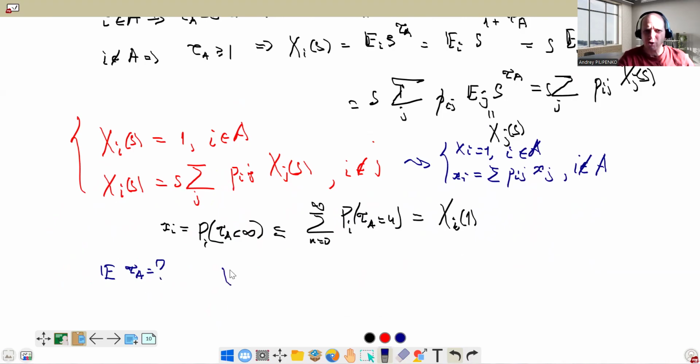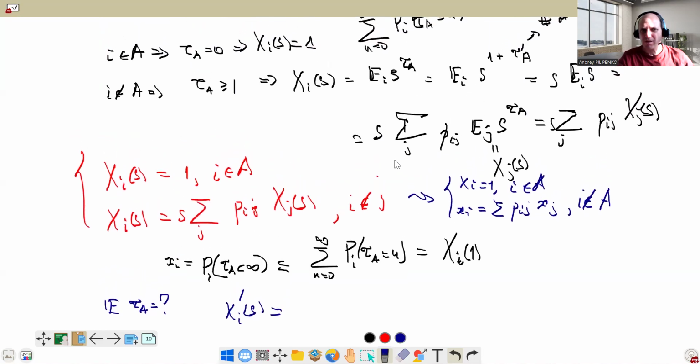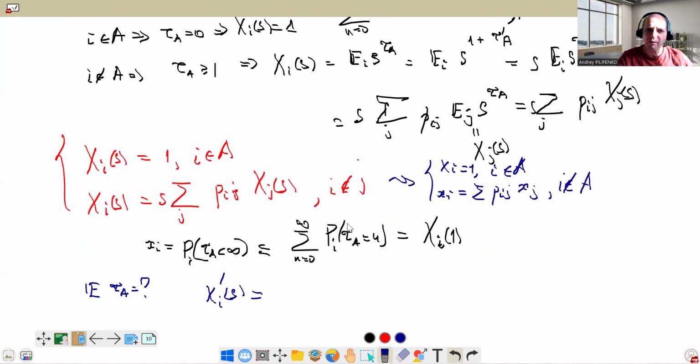But at first, let us differentiate the function xi of s. If we differentiate xi of s, then we will see that this is the expectation of s to the power tau A minus 1 times tau A, for s between 0 and 1. Even if tau A is infinite, you have this equality, but we have to agree that if tau A is infinite, then this product is 0 for s between 0 and 1.